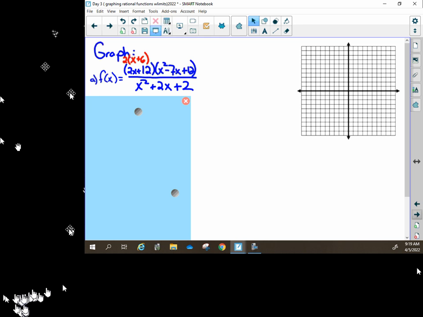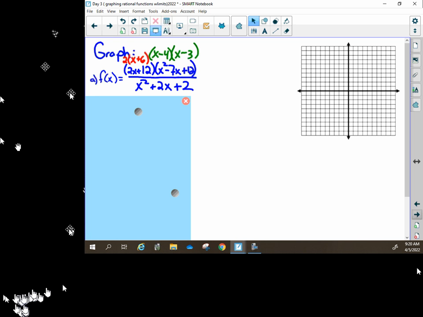Let me look up at my problem right here. So this part right up here is going to factor to x minus 4, x minus 3. Hold on, just let me think.